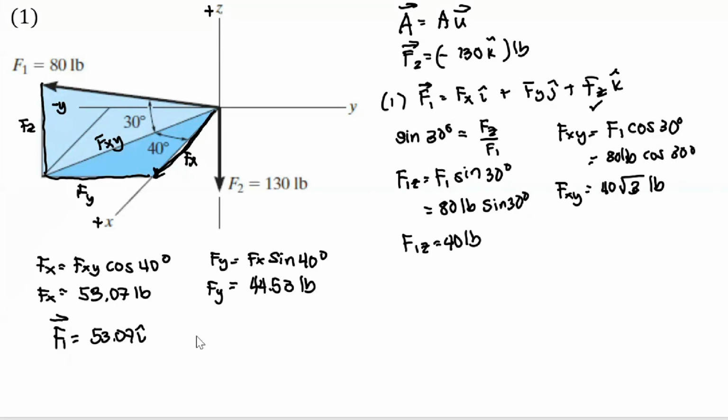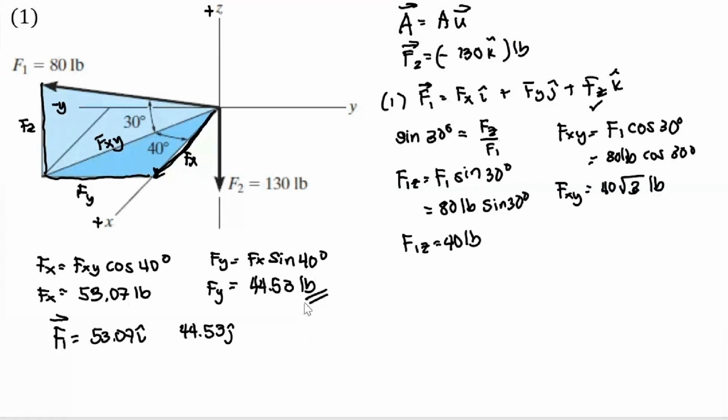While for Fy, that is 44.53 j hat, then, ano si Fy natin? Positive, negative? Negative po. Negative dapat, okay? So, hindi negative yung lumalabas, pero if ang tanong ko is, what is the magnitude of the components, I can accept this one. Sabi ko nga sa inyo, pag magnitude, usually positive sila.